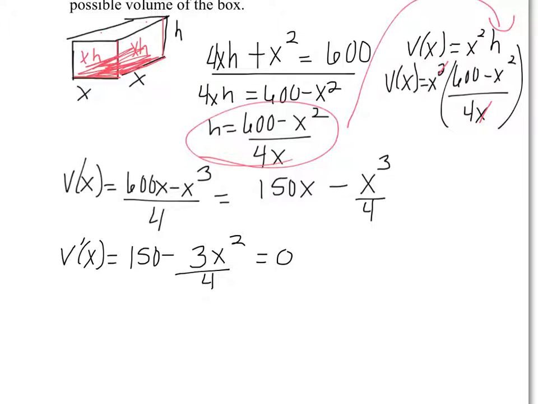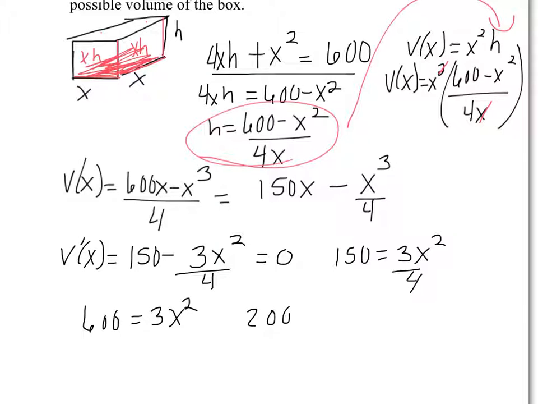And if I do that, I get 150 equals 3x squared over 4. Multiply both sides by 4, and divide by 3. I end up with 200 equals x squared. So now I need to go ahead and square root that. And if I square root that, I know that that is 100 times 2, or 10 square roots of 2.